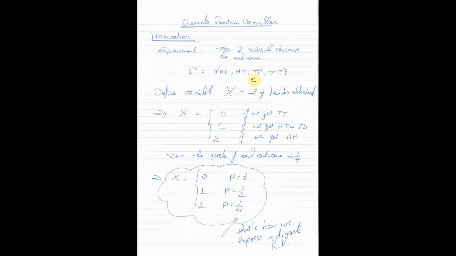If you get one of these two outcomes, heads-tails or tails-heads, then X is equal to 1, because X denotes the number of heads. In these two cases, we have only one head. And when is X equal to 2? In case we get heads-heads. So as you have noticed, our variable X that we have defined in the context of the random experiment and the sample space is 0 or 1 or 2.